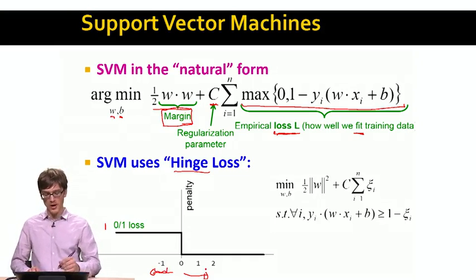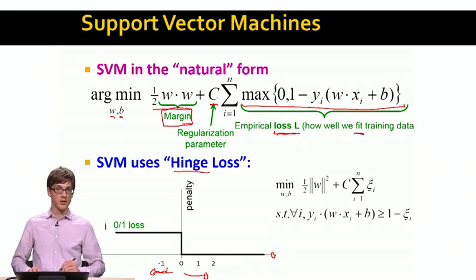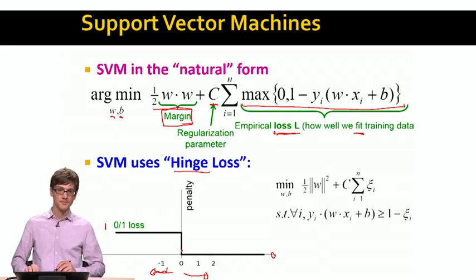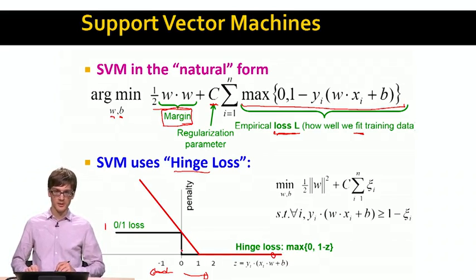While if we made the correct classification, we would like to obtain 0, meaning no penalty. So an ideal 0-1 loss would be you obtain penalty of 1 if we misclassify and penalty of 0 if we classify correctly. The penalty that support vector machine is using is called the hinge loss.